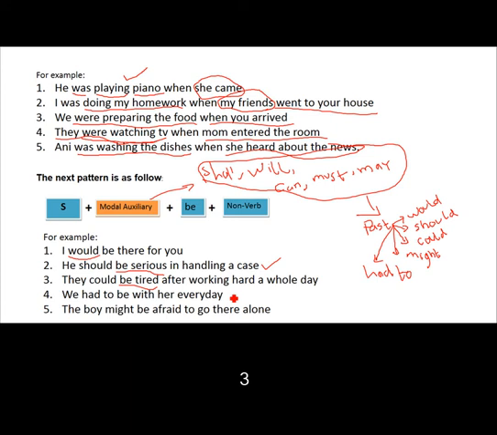Long time ago. Probably last year we had to be with her every day. Now we must not be with her every day. The boy might be afraid to go there alone. But now, do you think the boy is still afraid to go there alone? No, because he knows that there is nothing to fear.